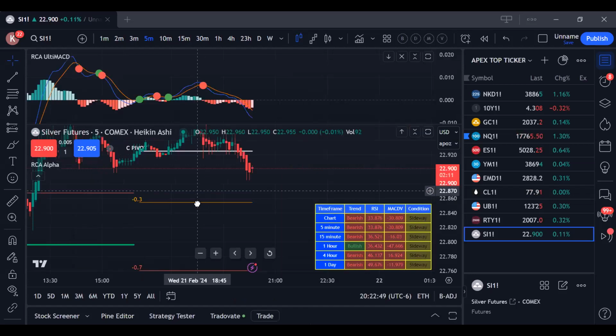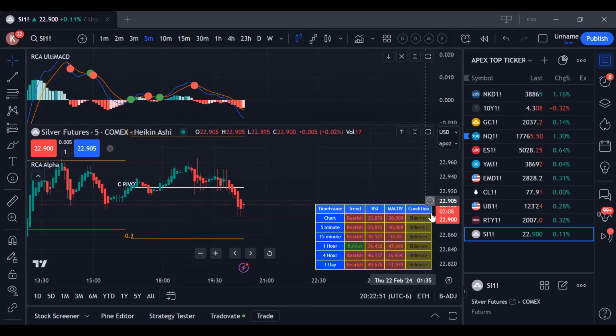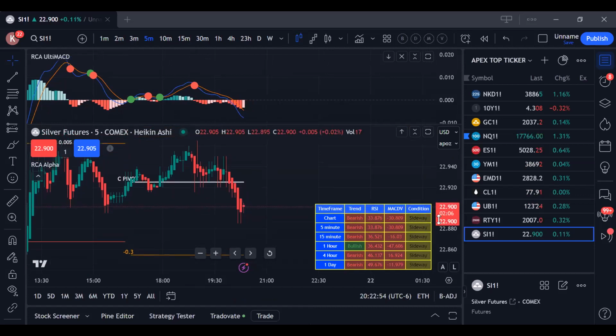What do you think we should do here for silver? Your 5 minutes RSI is bearish, MACD is bearish. This is a sell signal.